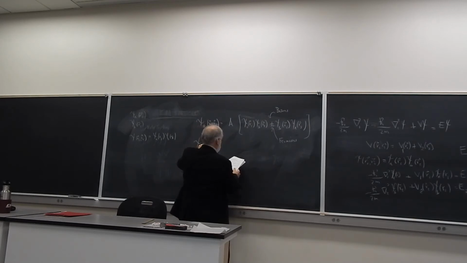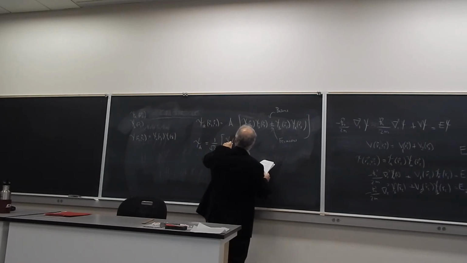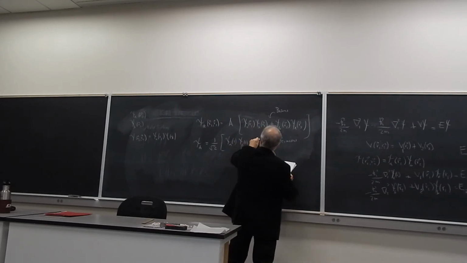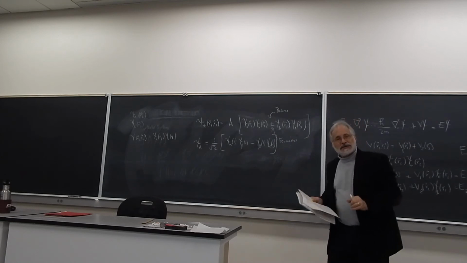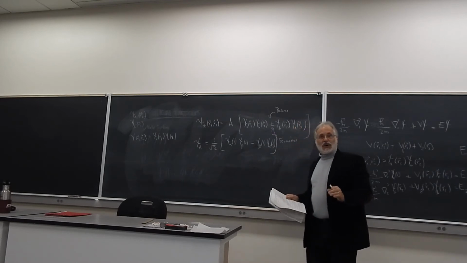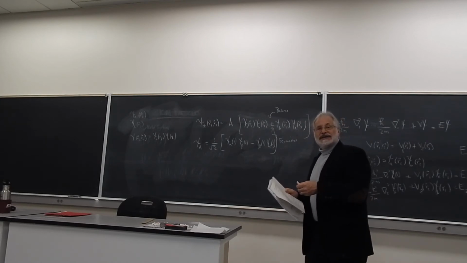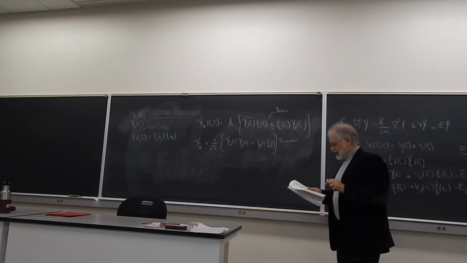So I'm going to call that psi sub A, and that's 1 over the square root of 2, psi alpha of 1, psi beta of 2, minus psi beta of 1, psi alpha of 2. Alpha and beta in this case symbolize the 3 spatial quantum numbers and the 1 spin quantum number. So we haven't incorporated spin into our discussion today, but we do need to.